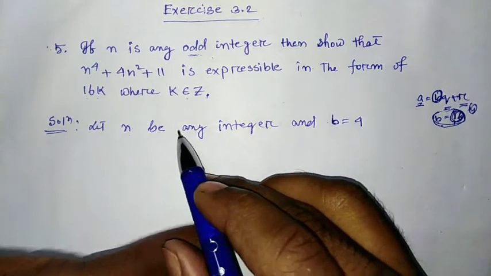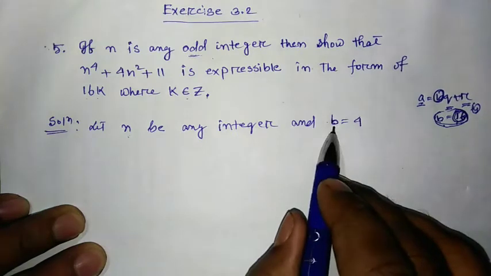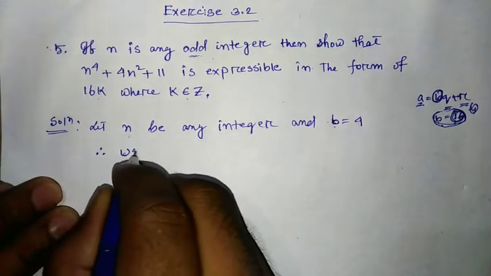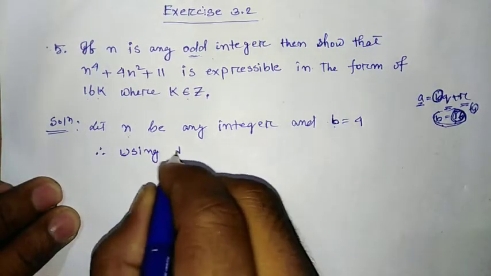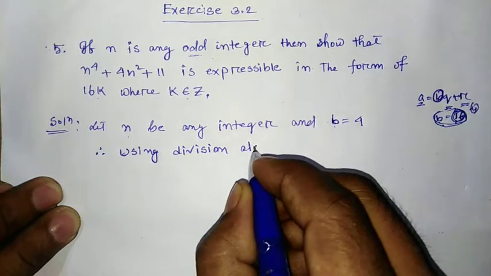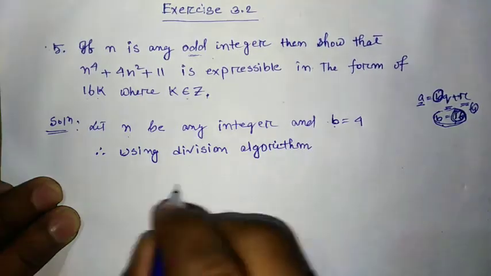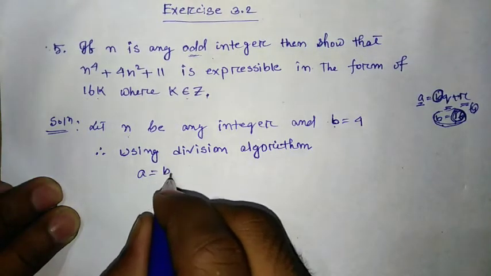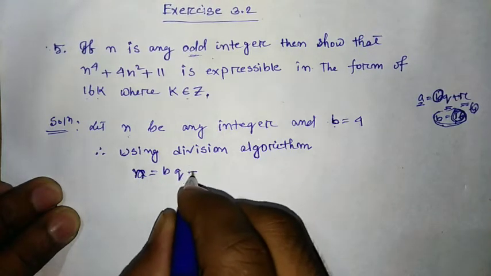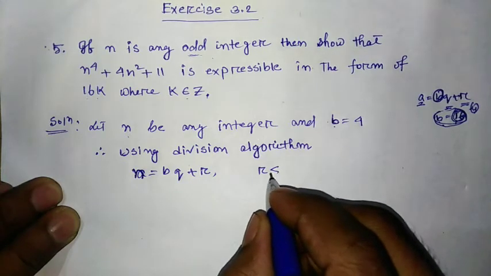So using these two integers, if we apply Euclid's division algorithm to n and b, we get: therefore, using the division algorithm, a is equal to bq plus r, so n is equal to bq plus r, where r is greater than or equal to 0 and less than b.